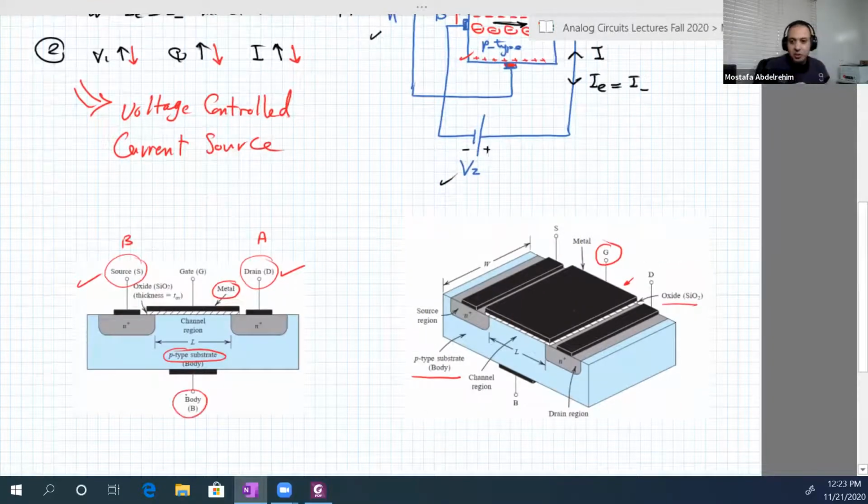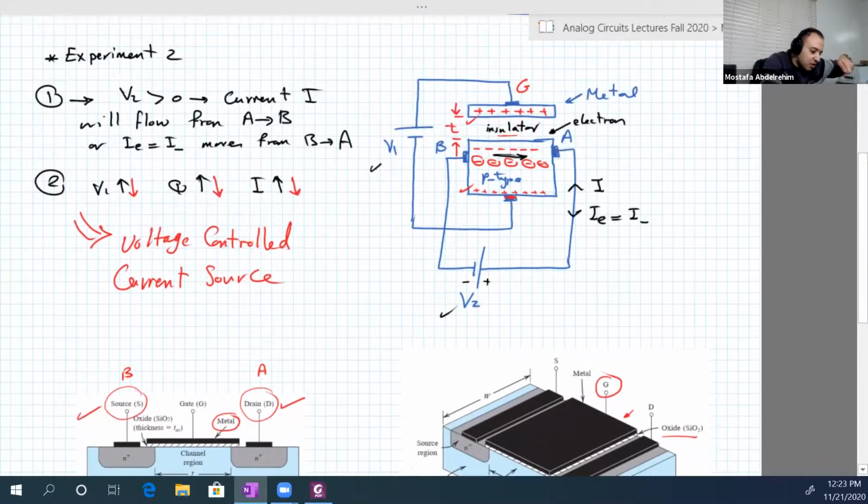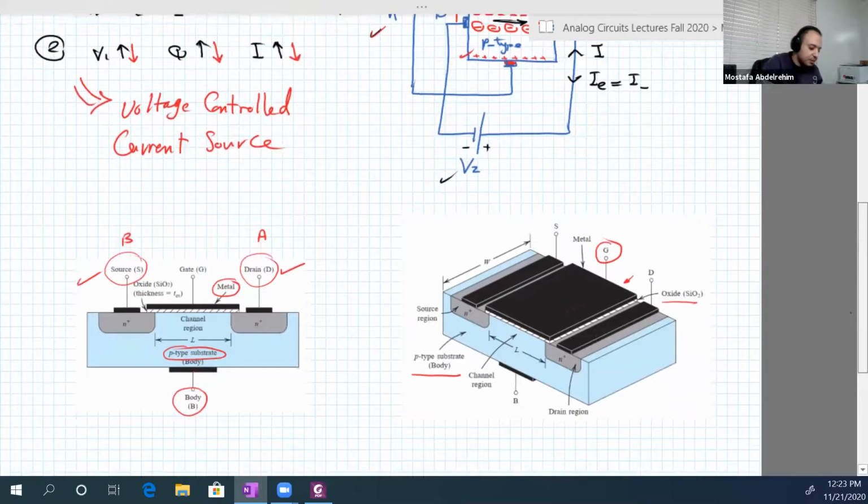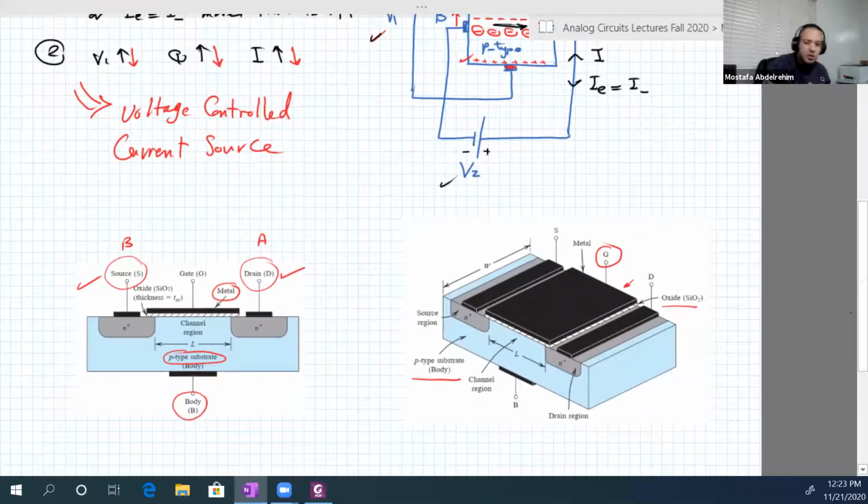They call it body or substrate. So it's a 4-terminal device. A and B, which are source and drain, and the other terminals of V1, this voltage, are gate and bulk. But we usually deal with only the 3 terminals: gate, source, and drain.